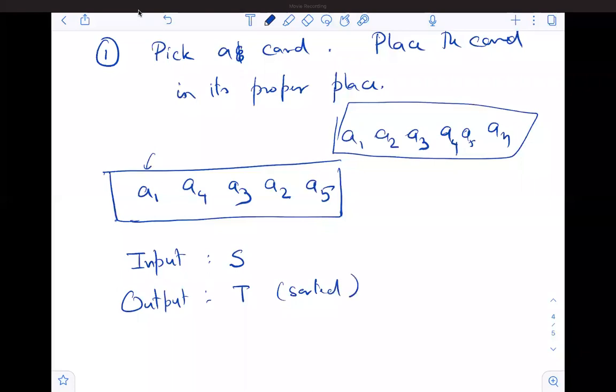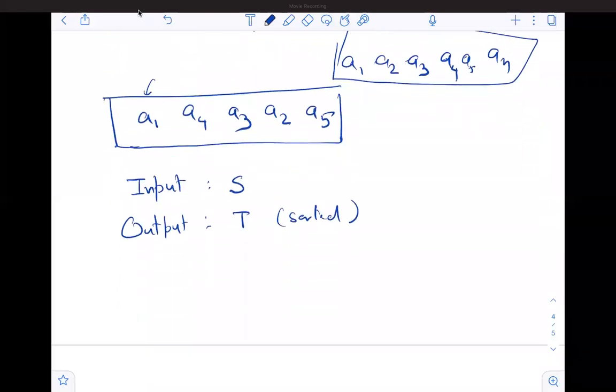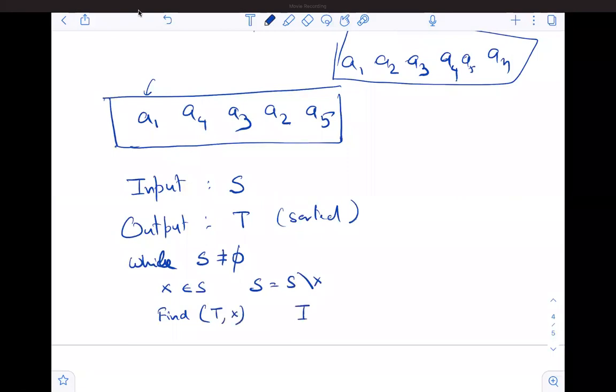And what I can do is: while S is not equal to empty, take X from S, remove X from S, find the position of X in T, insert X in T in the right place and continue. This is a simple algorithm.